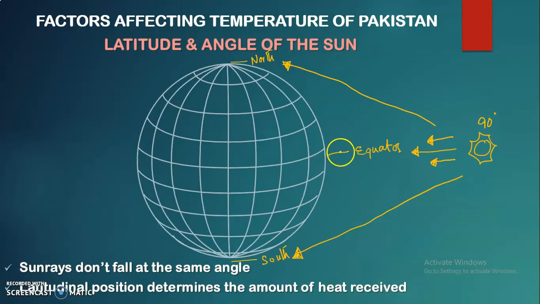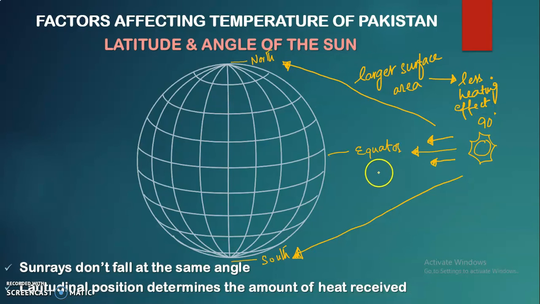Now here two things happen. One thing, a larger surface area in the atmosphere, the largest surface area that a ray has to travel, and just because of this reason it would have less heating effect. Why?